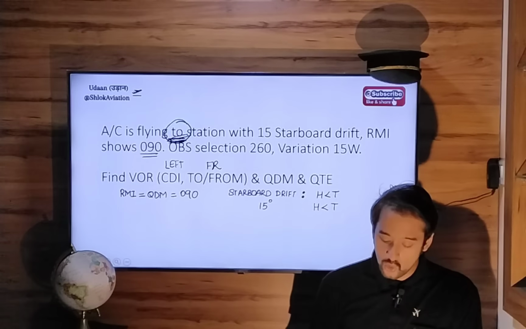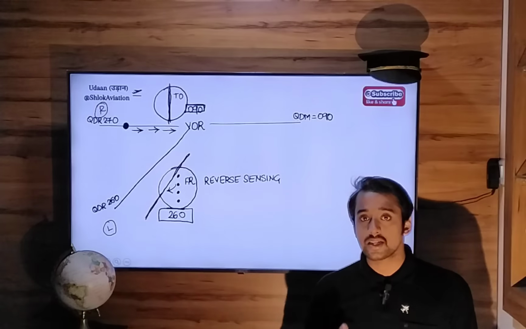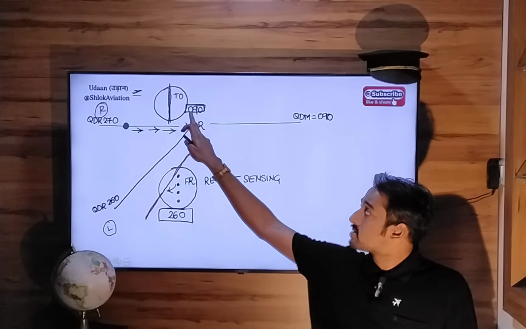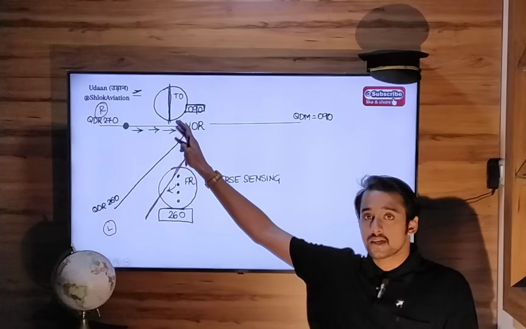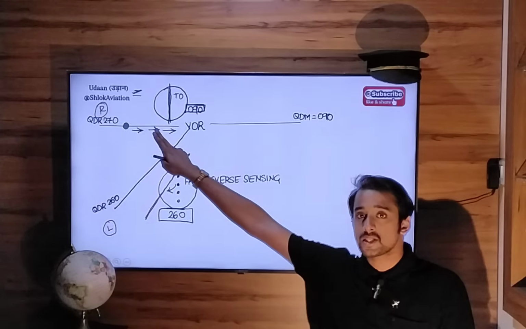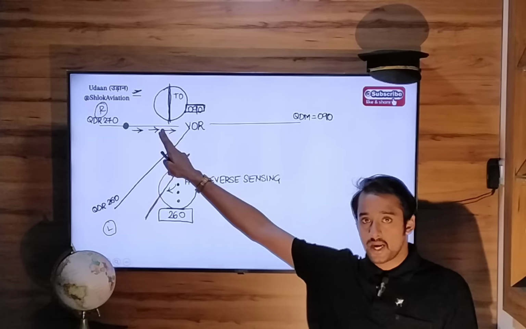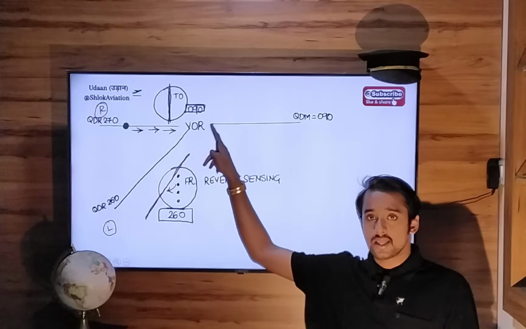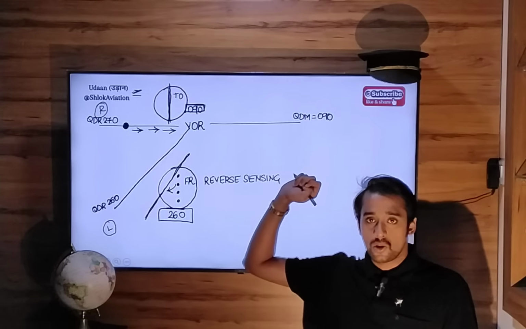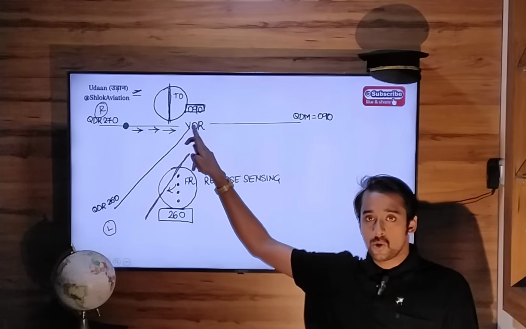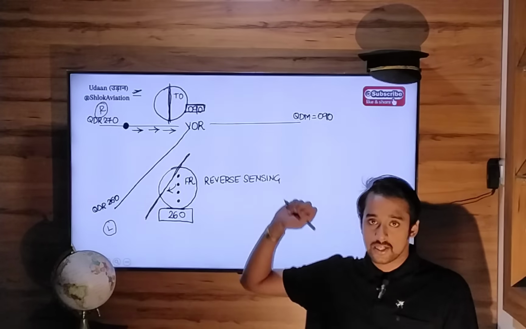If you have to fly towards the station, the correct solution would have been to put 090 in the OBS selector so you transition easily from 270 to 090. Fly the 270 radial, overfly the VOR, and then switch over to radial 090. So the TO indication here, after overflying the VOR, will automatically become a FROM indication.